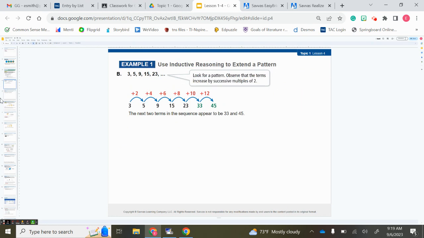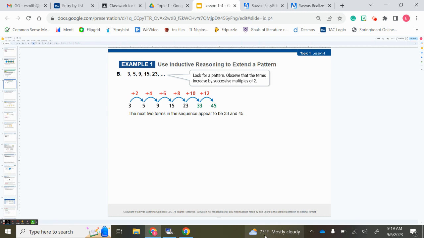So if you look here, we have 3, 5, 9, 15, 23, right? Look for a pattern: observe the terms increase by successive multiples of 2. So in this case, 3 added to 2 gives us 5. We add 5, adding an additional 2 here gives us 9, adding an additional 2 here, 6, which gives us 15, adding 8, 23, adding 10, 33, adding 12, 45.